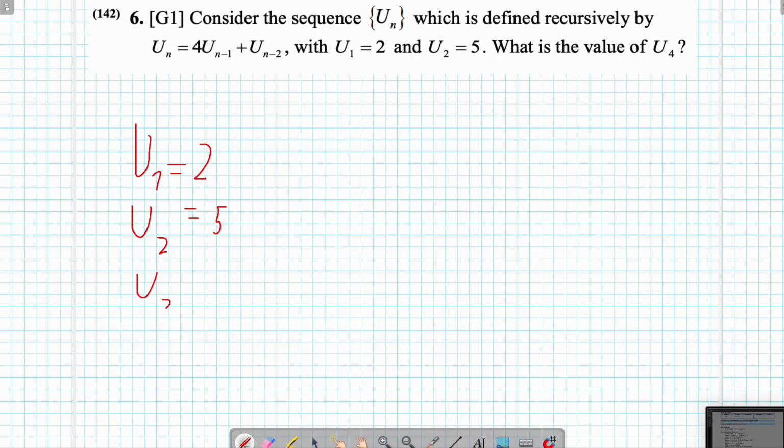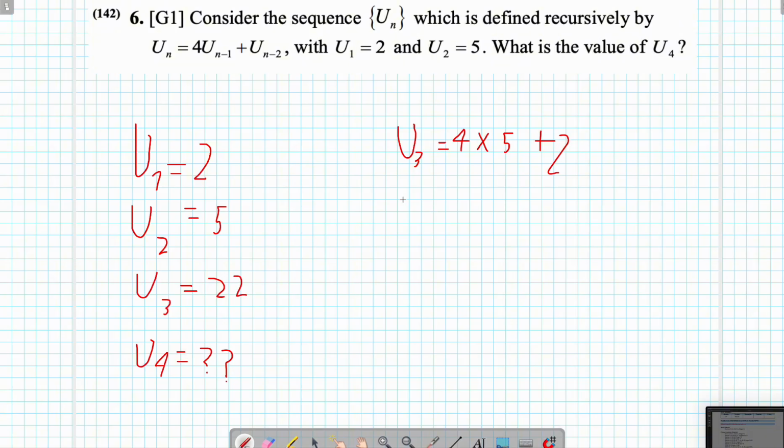u3 we need to find to find u4, and u4 is what we're looking for now. To find u3, u3 is equal to 4 times 5 plus 2, which is equal to 22.